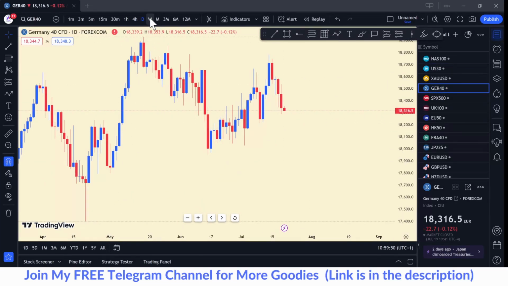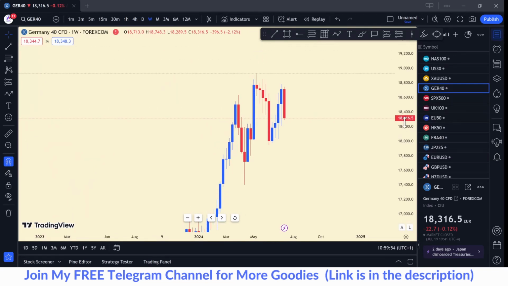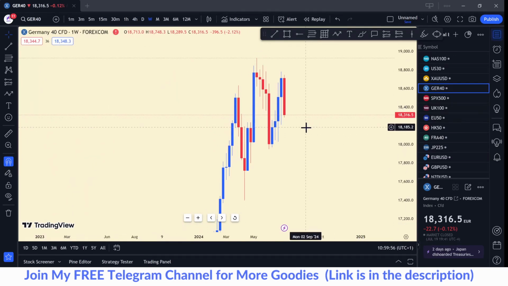So the German index. As a trader, you should be able to trade a lot of assets, right? On the weekly, I can see this rejection. And then I can accept this as a rejection.